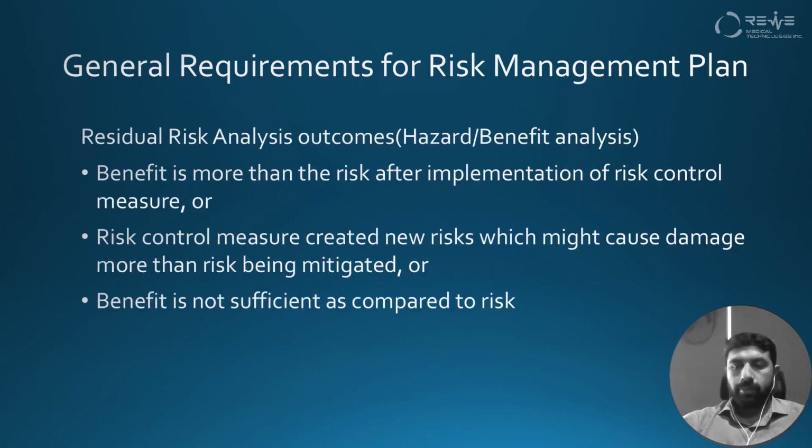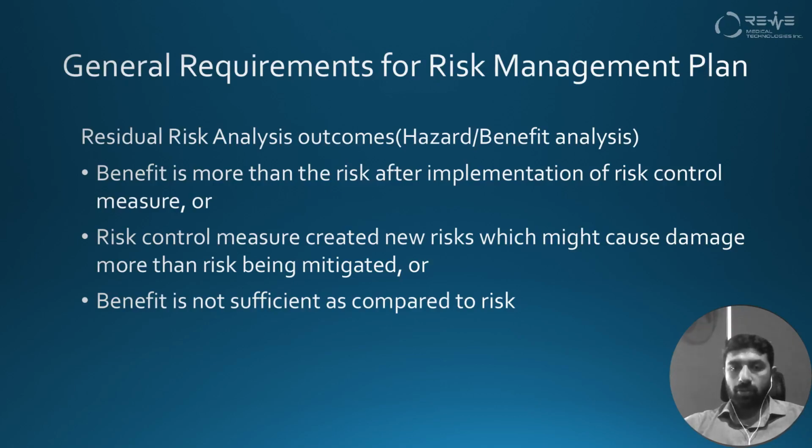So when we perform the residual risk evaluation, or the hazard benefit analysis, we will see three kinds of options here. First is that the benefit is more than the risk after the implementation of the risk control measure. Then we will say that the risk control measures are performing well.